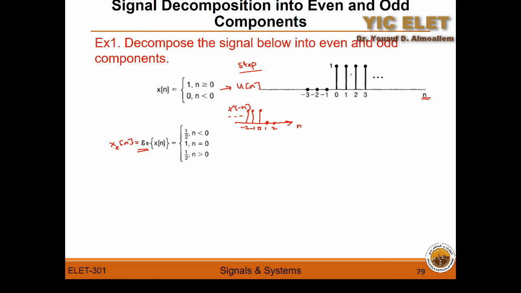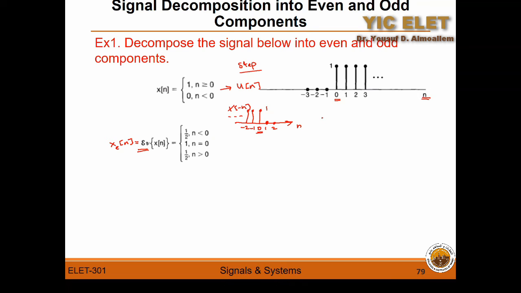If we add these two together, we will find that at minus 2, this will be equal to 1 and this will be equal to 0, so the summation would be equal to 1. 1 plus 0 will be 1 again, but at the 0 point, this will be equal to 1 and this will be equal to 1, so we will get 2.